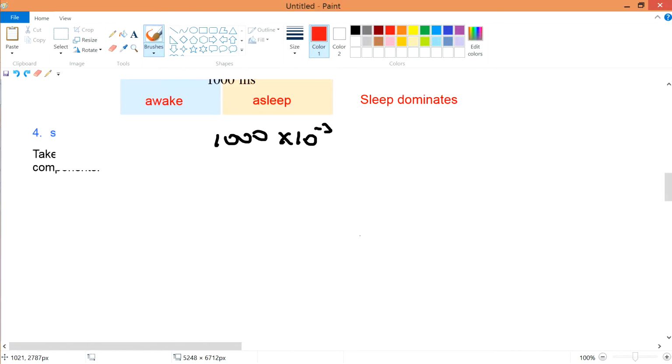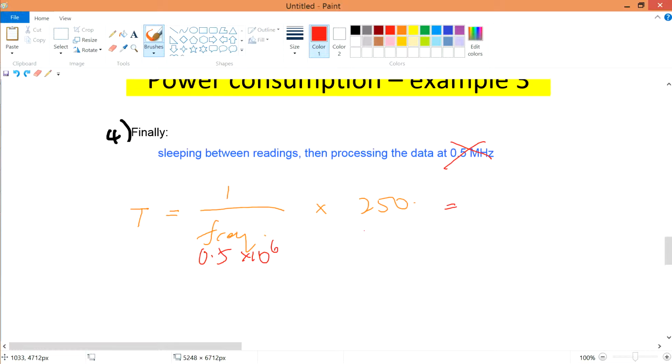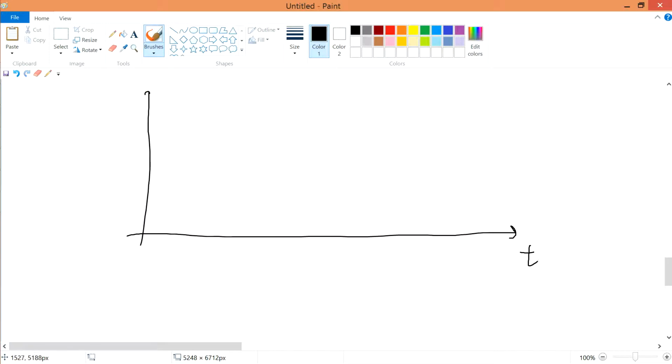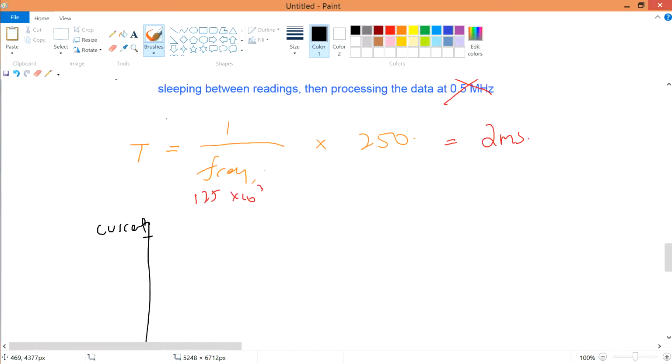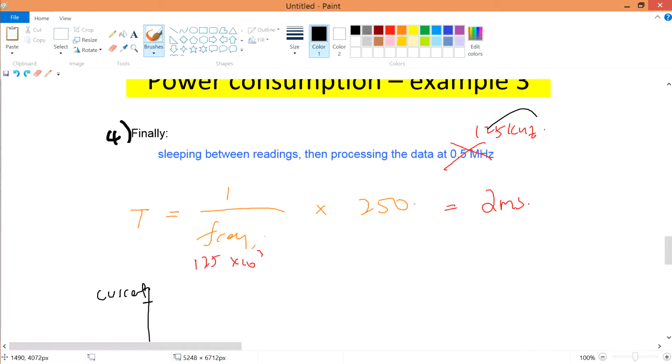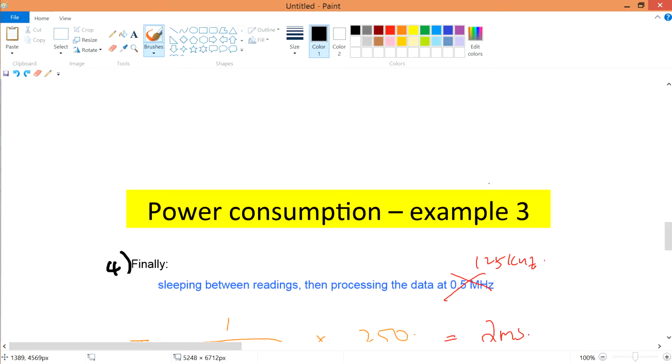Same thing over here, if I have 125 kilohertz, then what do I have? I'll just sub in 125 kilohertz, and then I would have 2 milliseconds. So in other words, if I have the time over here, and this is the magnitude of my current at 125 kilohertz, then you're talking about 16 milliampere.